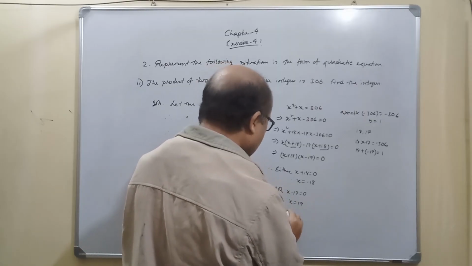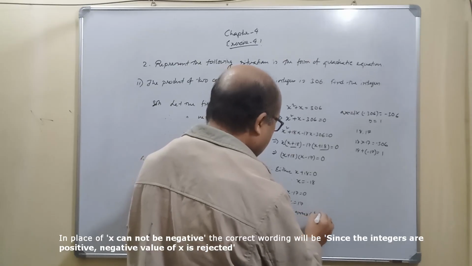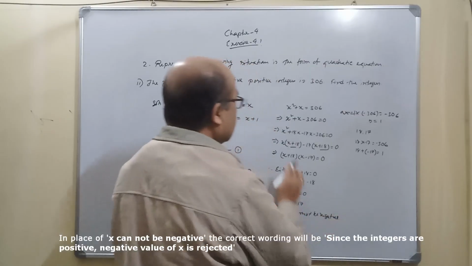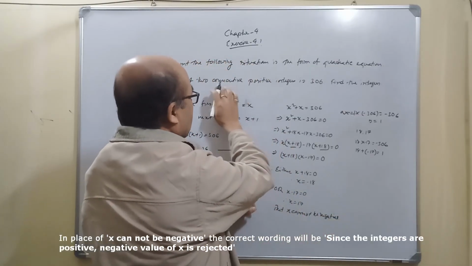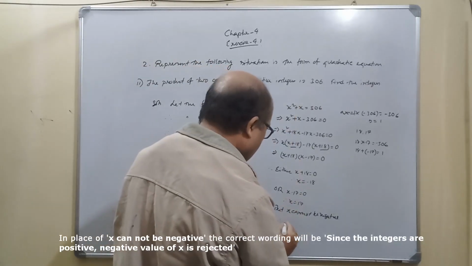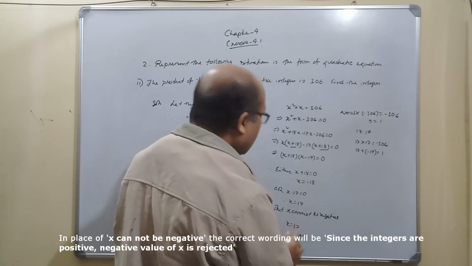But x cannot be negative. Why? Because it is given that they are consecutive positive integers. Hence, x is equal to 17.